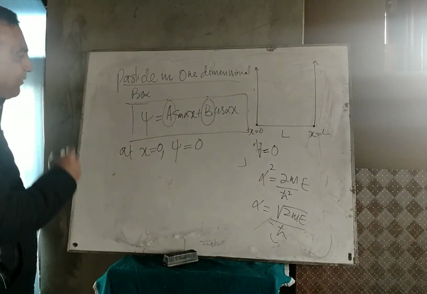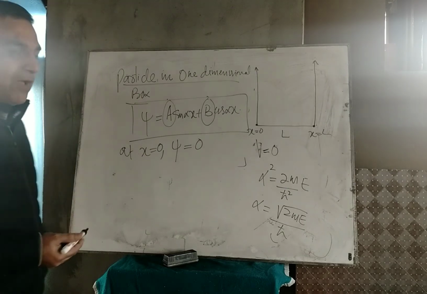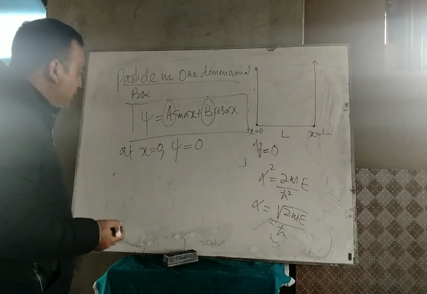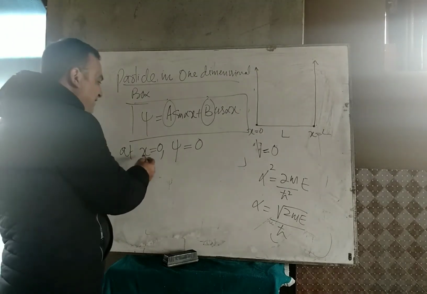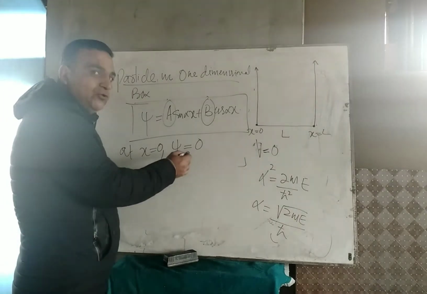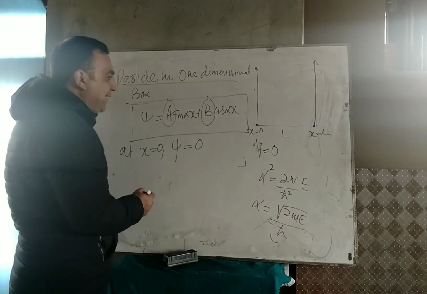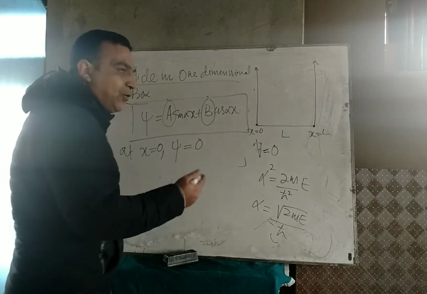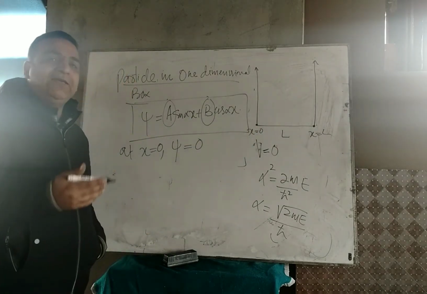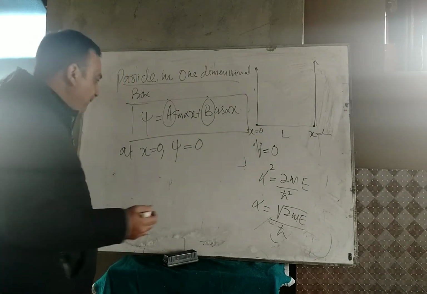To calculate these values, we can make use of the boundary conditions in this problem. Starting at x equal to 0, psi must be 0 at this point, because we have assumed an infinitely hard wall.